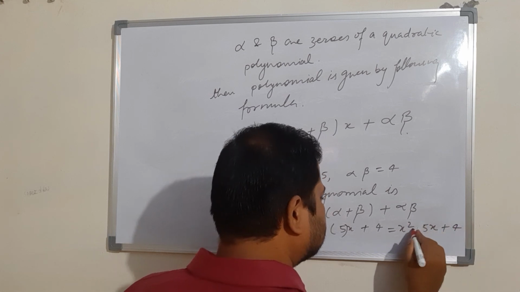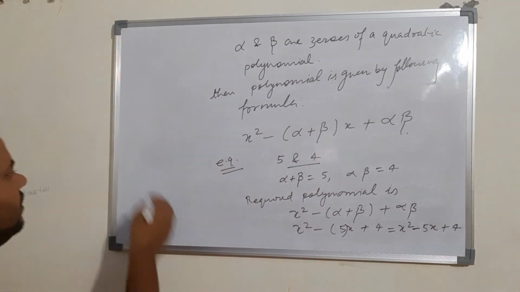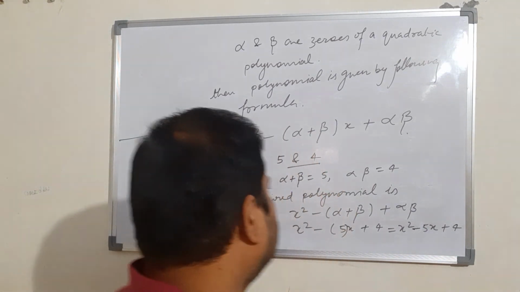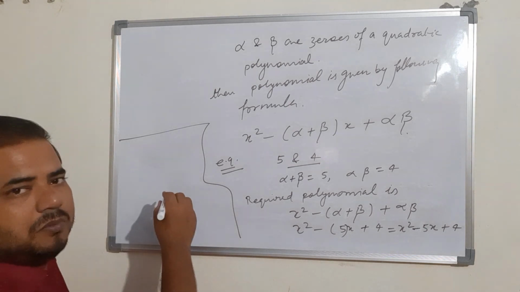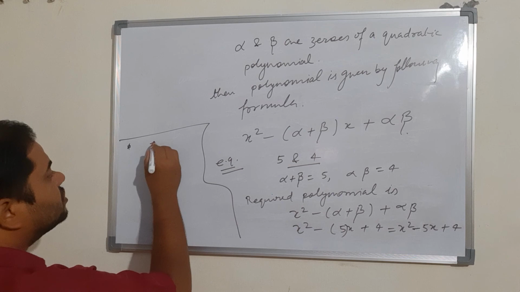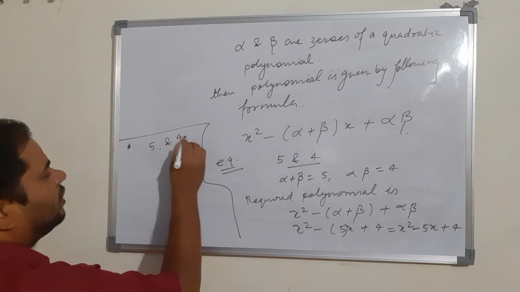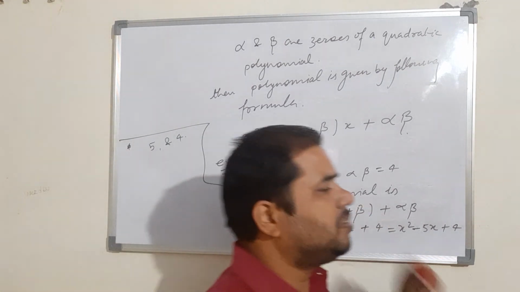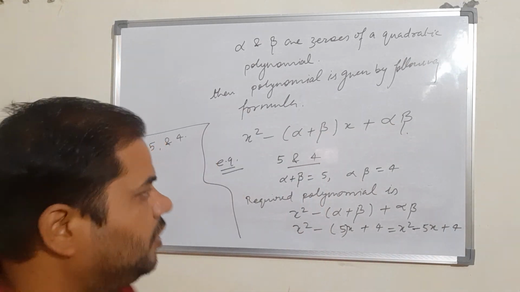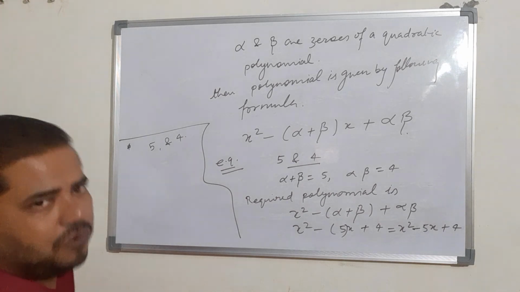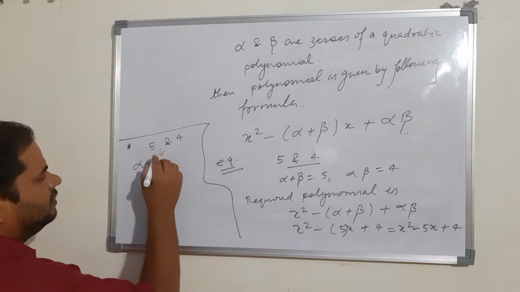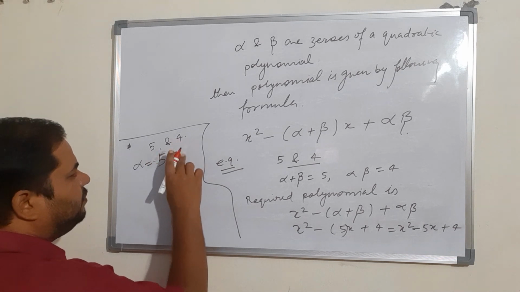But sometimes there is some confusion. Sometimes the zeros of the polynomial are given. Suppose we are to find the polynomial whose zeros are 5 and 4. Listen carefully. In the earlier case the sum and product were given, and now only the zeros are given, 5 and 4. First of all, this is alpha 5 and this is beta 4.